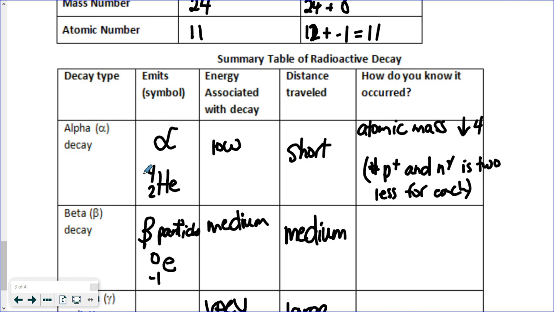And again, that's accounted for by this helium particle. So atomic mass is 4 less, and atomic number is 2 less as well, as we have that loss of that helium particle, the alpha particle.